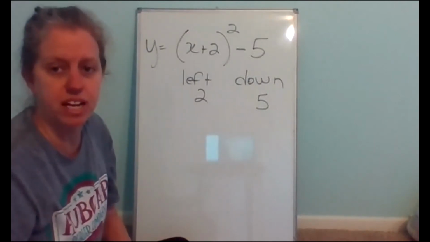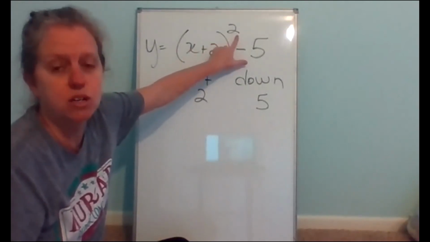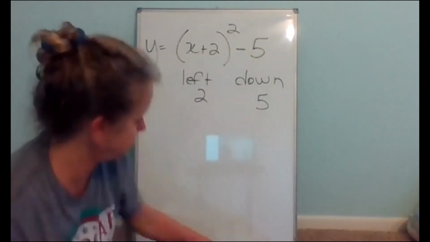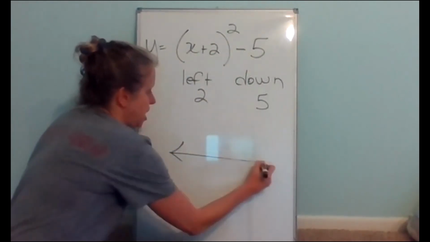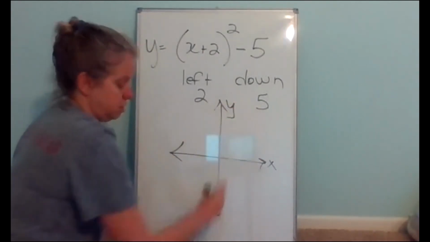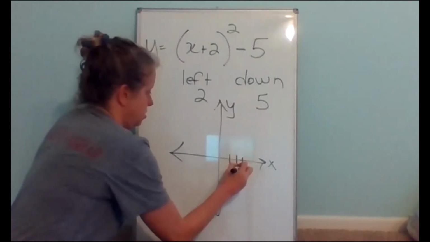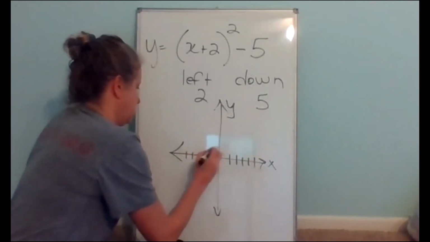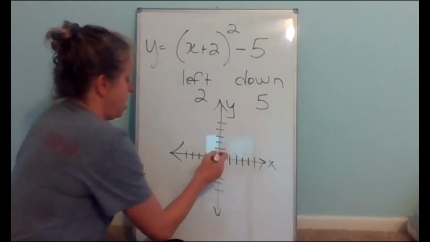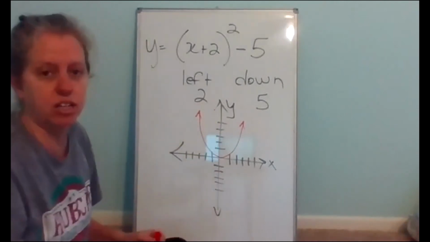Now, what is the graph that it is shifting? Well, whatever is being done to the x, which in this case is being squared, which means it is a parabola or a U-shaped graph. So an original parabola that hasn't been shifted anywhere at all would be right there at the origin.